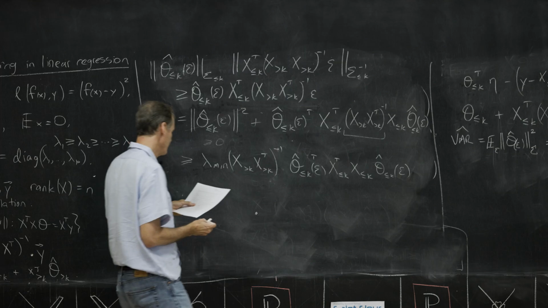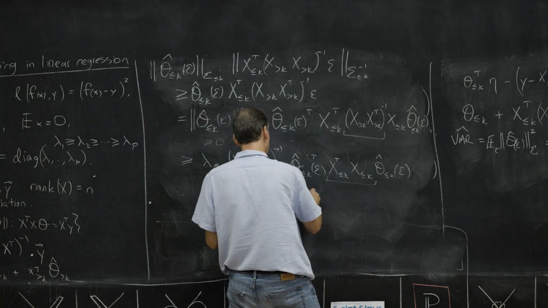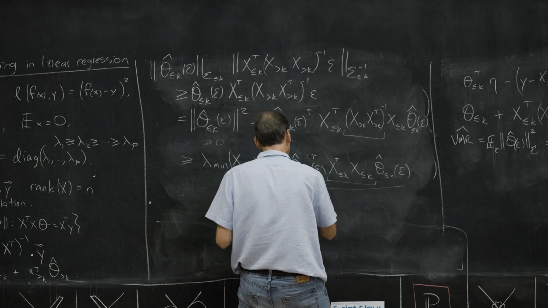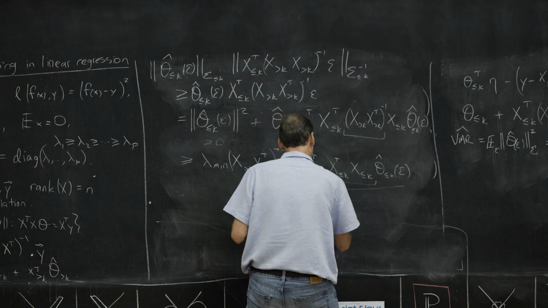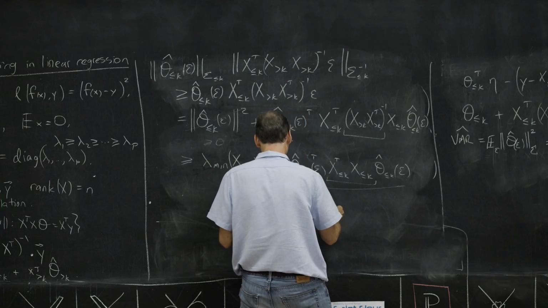And now, we're going to write this whole thing as at least the minimum eigenvalue of something involving a nicely normalized sample covariance matrix.